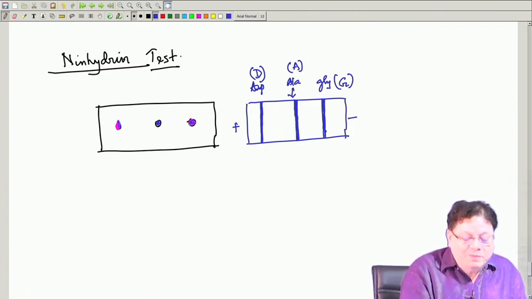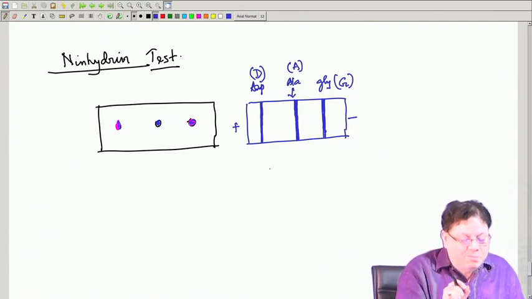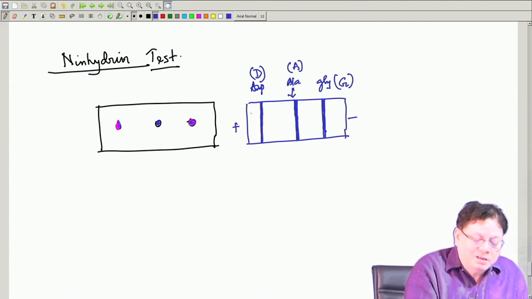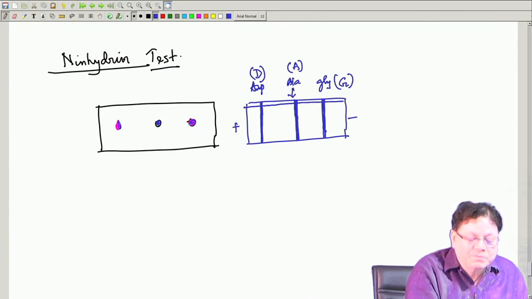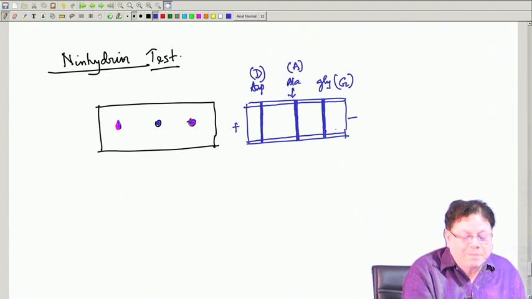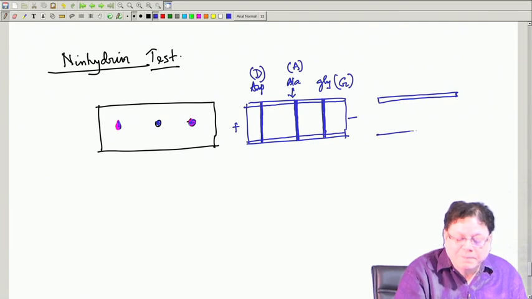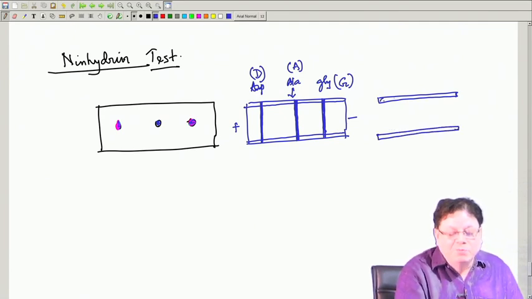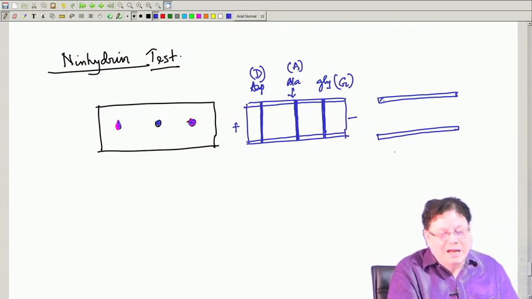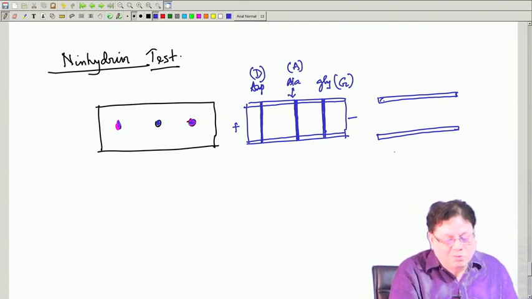Now, in order to isolate back the amino acids, the best way to do is you cut a small strip from this end, and you cut a small strip from this end. So, now I have 2 strips here from these 2 ends. And then I spray ninhydrin on both, and then again heat with an air gun.